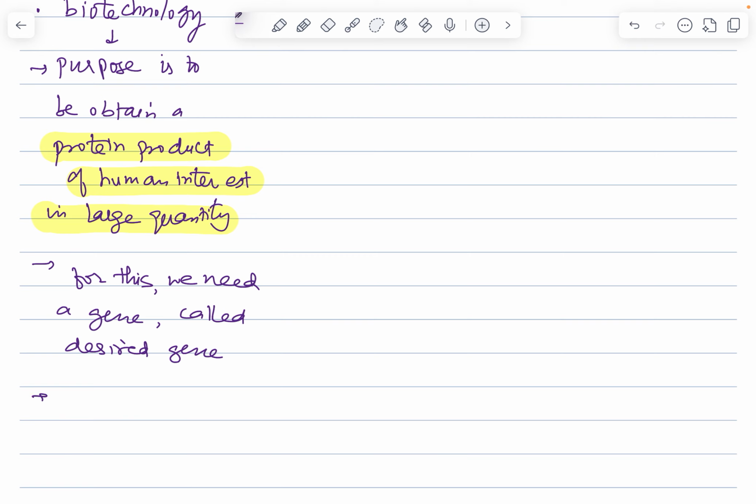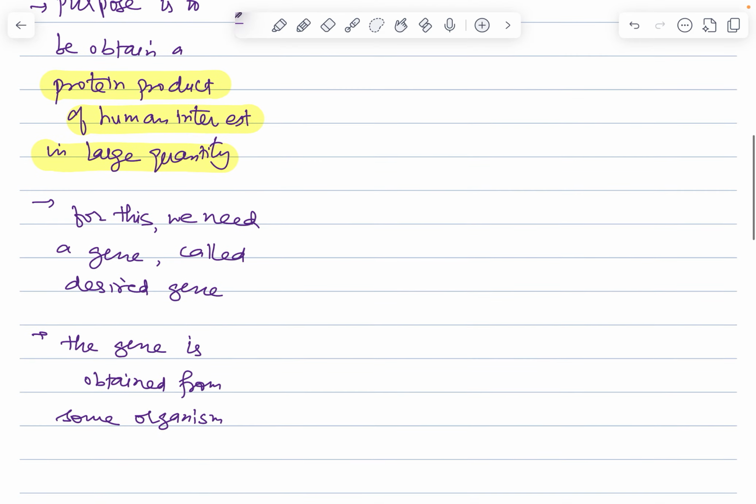And where do we get the gene from? This is obtained from some organism who naturally produces this protein product.